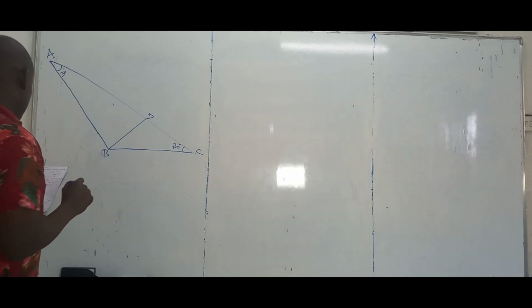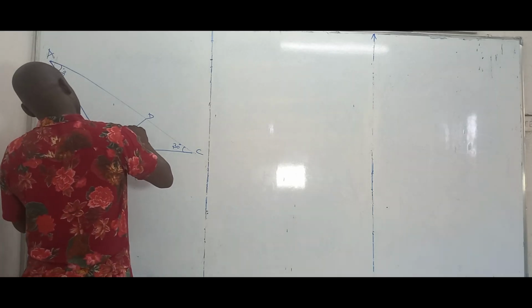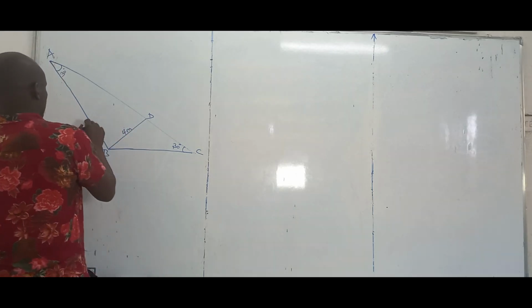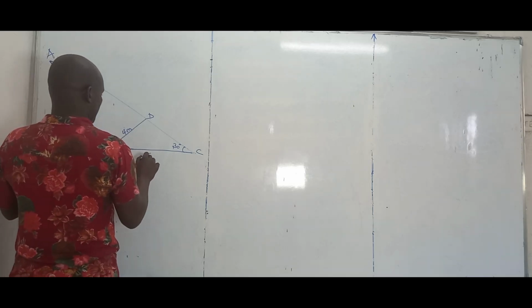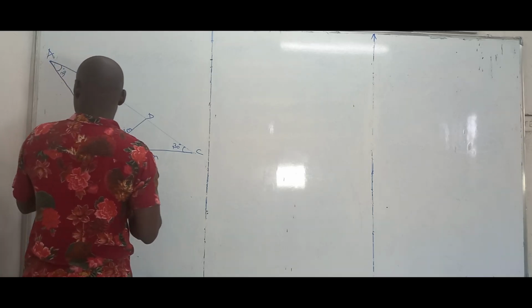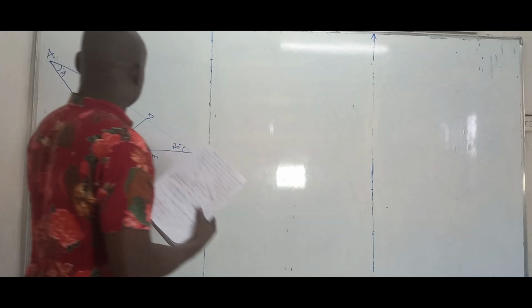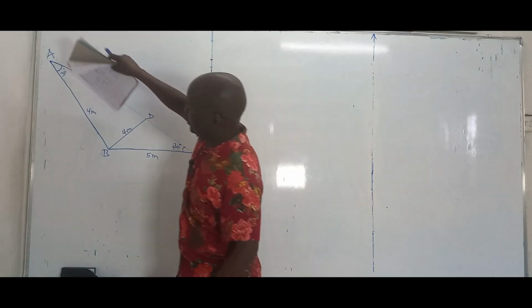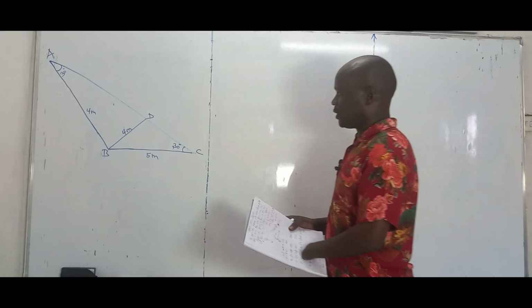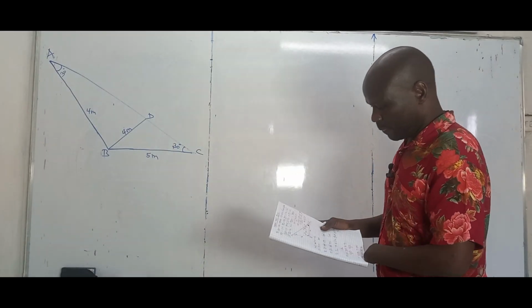Here is 4 meters, here we have 4 meters, and here we have 5 meters. That's the diagram. This should be a straight line, just as you have seen from the question paper.